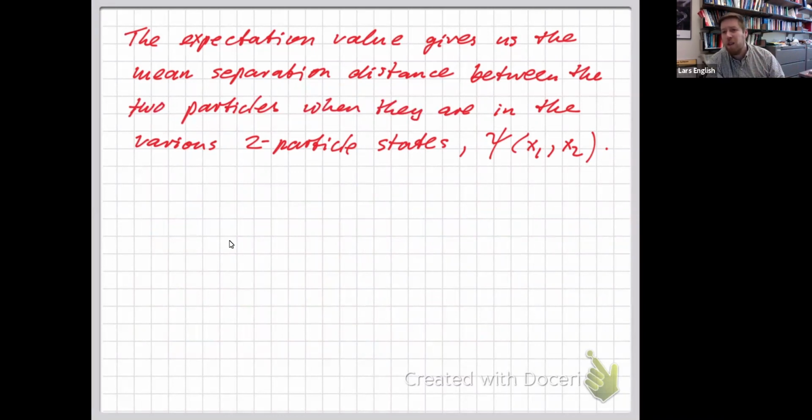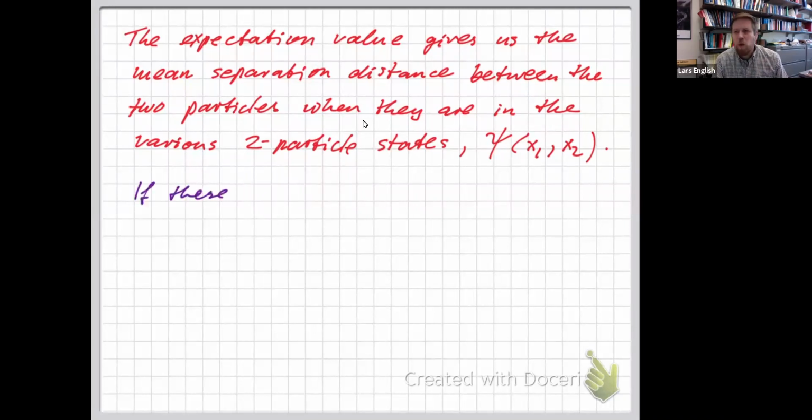So these two particles can be in different two-particle states. What is the two-particle state? Well, in general, it will just be something like that, psi of x1 comma x2, some two-particle state. So relative to a particular two-particle state, we can now evaluate the expectation value of the separation distance. So what's the average distance between the two particles when the two particles are in this two-particle state? That's a mouthful, right? When the two particles are described by a particular two-particle wave function, then what is their mean separation?